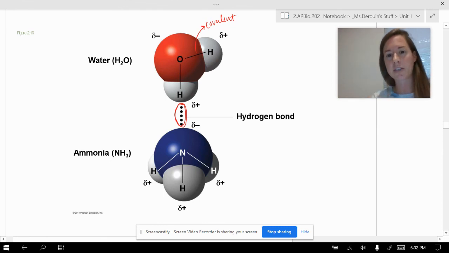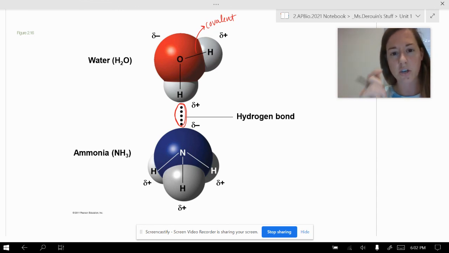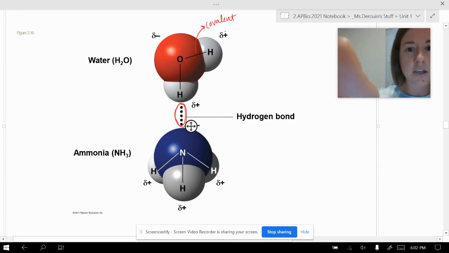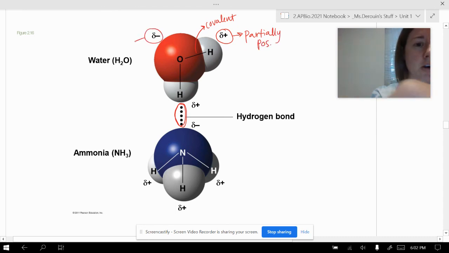You also have these little symbols around the molecules, and those are showing that they're partially positively or negatively charged. So the symbol is partially positive, and the symbol is partially negative.